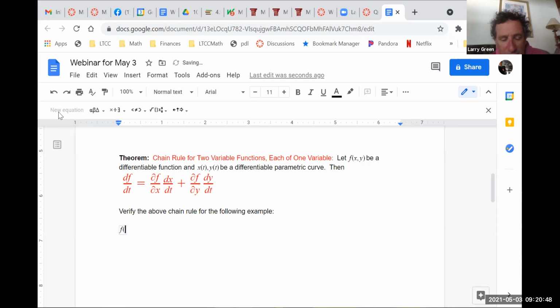So let's suppose that f of xy is equal to x cosine of xy, x of t is equal to t squared, and y of t is equal to e to the t. Let's make it e to the 2t just for fun, just so we can use an extra chain rule.